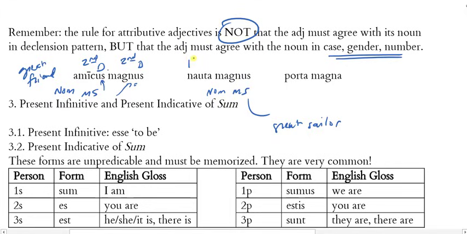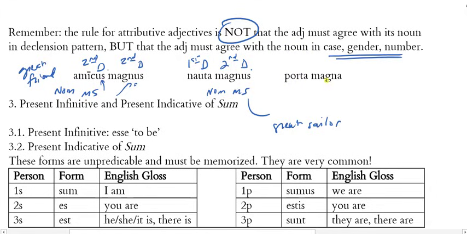Nauta is following first declension. Now, it is a masculine noun that happens to follow first declension. So it is masculine, and it is nominative singular here, but it's not second declension because nauta follows first declension. Magnus, on the other hand, even though it is nominative, masculine, singular, it follows the second declension, which is a different declension pattern than nauta follows, even though they do agree in case, gender, number. So here, they don't match declension pattern, but they do match case, gender, number.